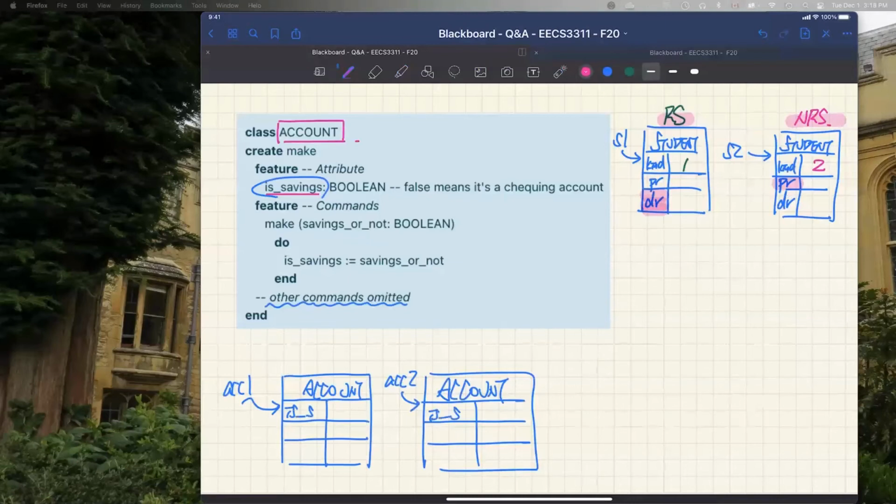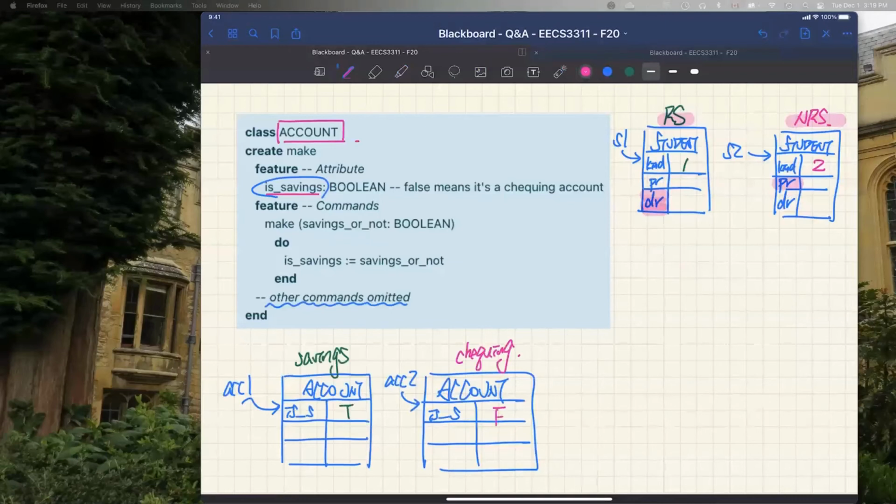Let's say the first one is simply true, so that means this is a savings account. And the second one here is simply false, so that means it's a checking account. So we have 2 different account objects over here.